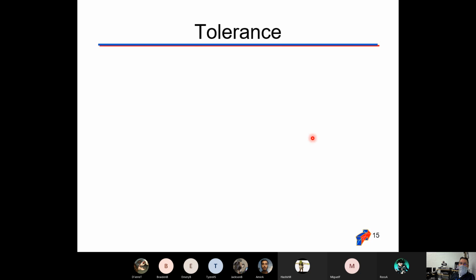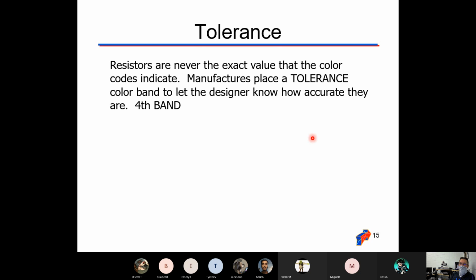All right, tolerance is the last band. You'll never get a resistor that has exactly what the color codes indicate. It just doesn't happen that way. It's super difficult to find a tolerance that is exactly 100% or 0%.